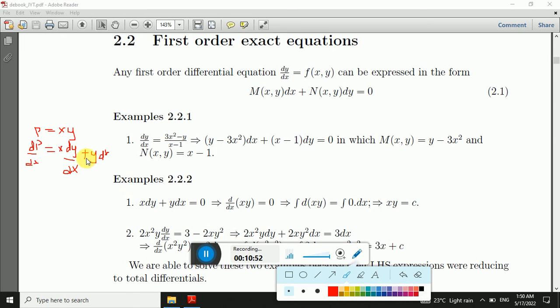Taking you back a little bit, using the product rule here, we say that this is u, and this is v. So the product rule states that d(uv)/dx is the same as u dv/dx plus v du/dx.